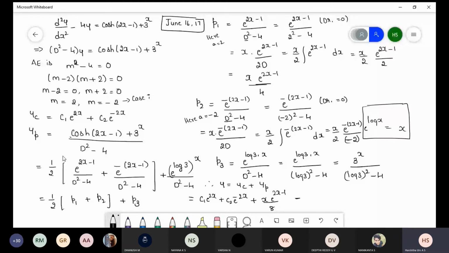Again 1 by 8 x into e power minus of 2x minus 1 divided by 4, 2s are 8 denominator, plus e power 3x divided by log 3 whole square minus 4.